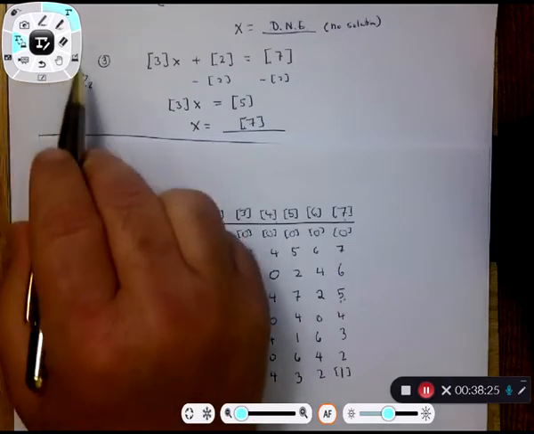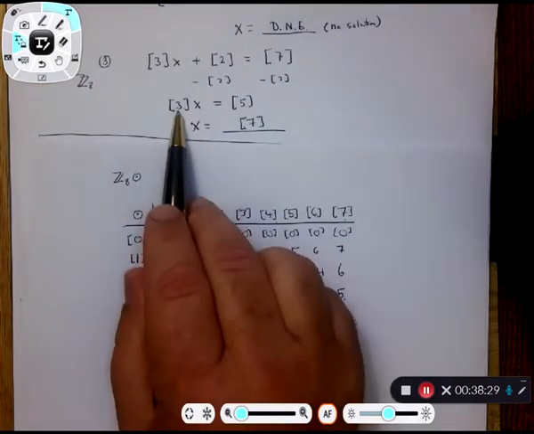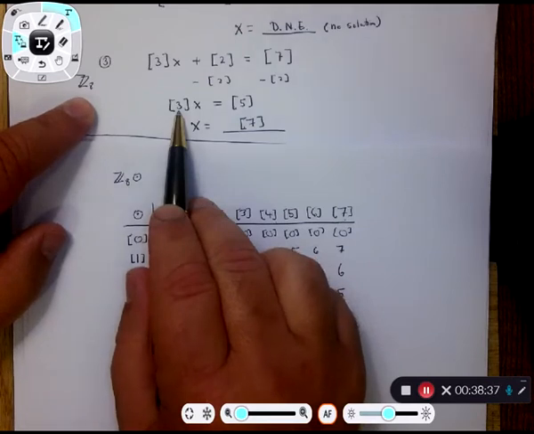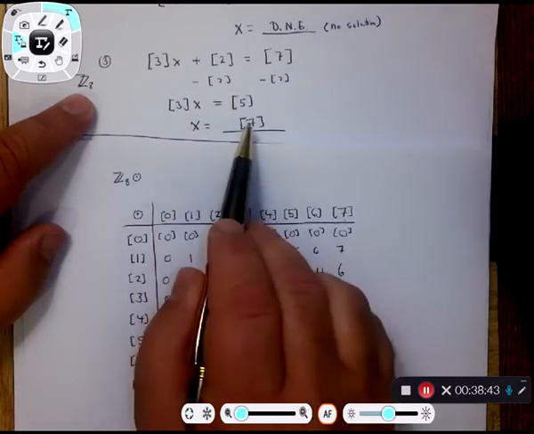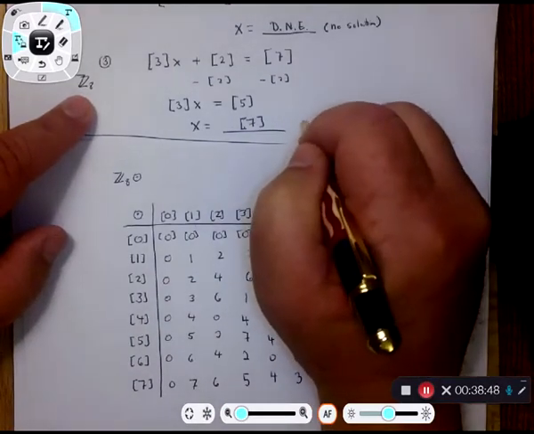So my n is equal to 8. My coefficient in front of the x is 3, and the GCD of 3 and 8 is 1 because they're relatively prime. And when you have relatively prime between your leading coefficient and the mod number, your D equals 1. 1 divides everybody, and there's only going to be one answer. So this is your unique solution situation.